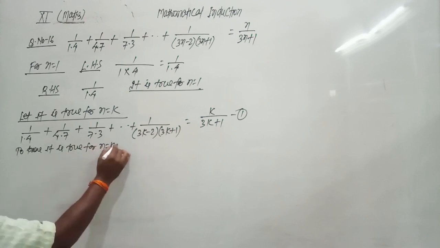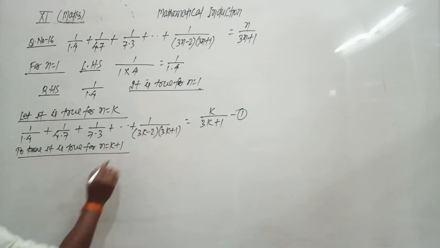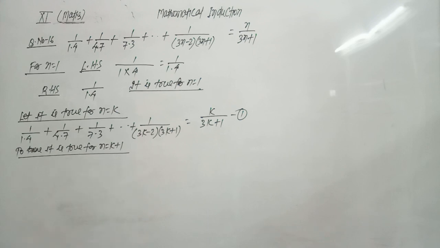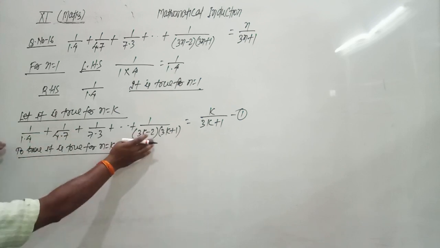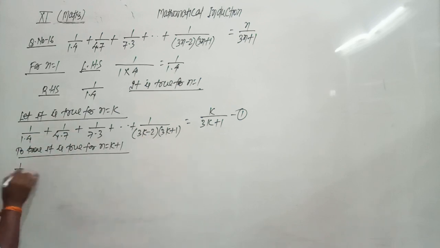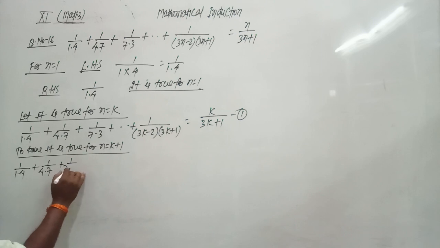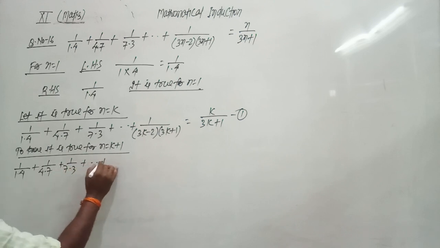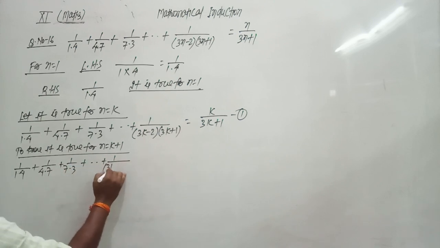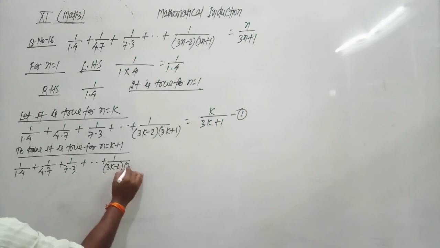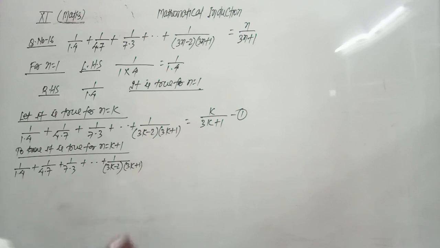for n equals to k plus 1, we write the term up to k, means still up to this we will write 1 upon 1 into 4 plus 1 upon 4 into 7 plus 1 upon 7 into 10 plus 1 upon 3k minus 2 into 3k plus 1.